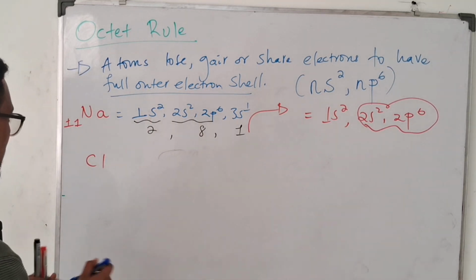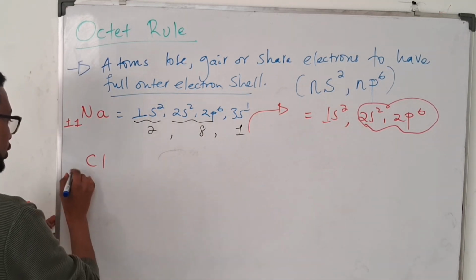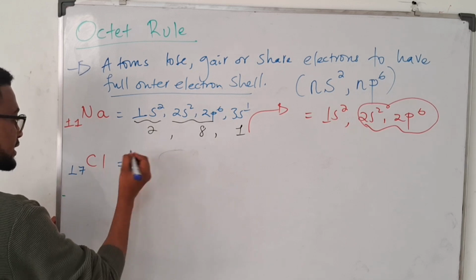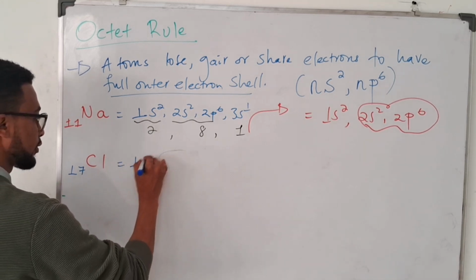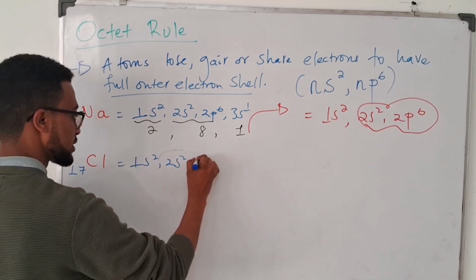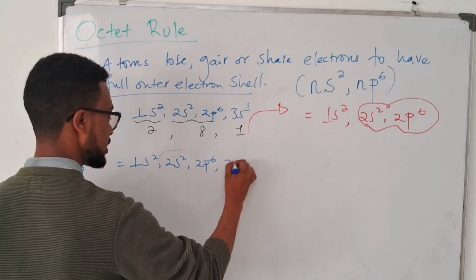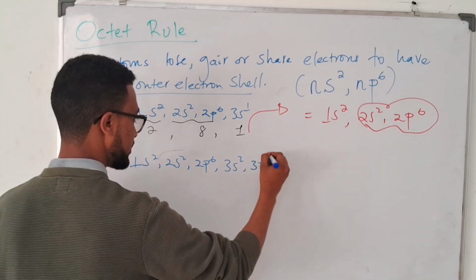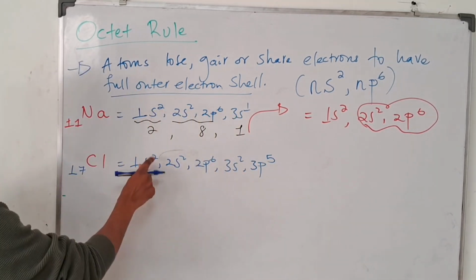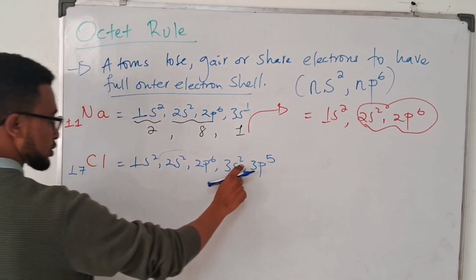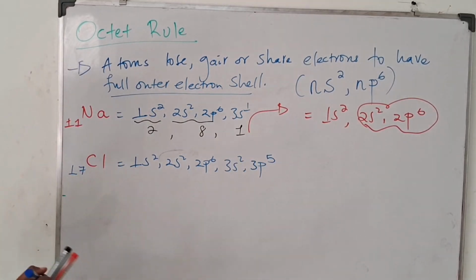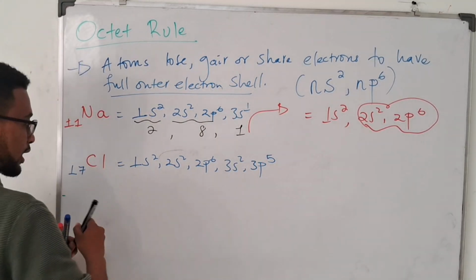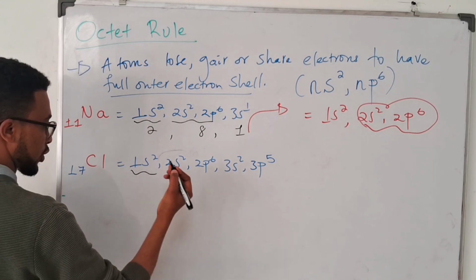And then let's look at chlorine. Chlorine, having 17 electrons, will have configuration of 1s2, 2s2, 2p6, 3s2, 3p5, okay? 2, 4, 10, 12, and 17. Good. Let's convert this into the electron configuration that you know from grade 9.